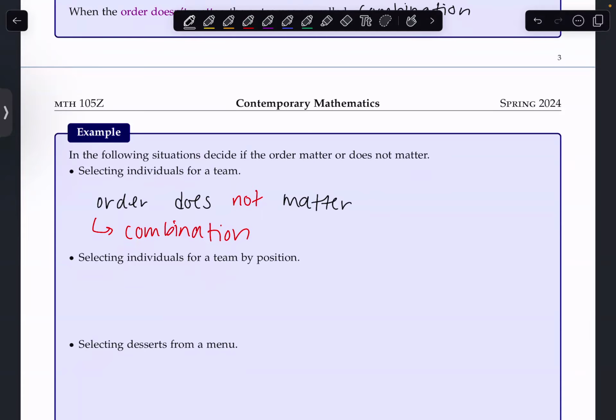The positions are different from each other. So in this example, order does matter. So we're going to call this a permutation, since each position is distinct.